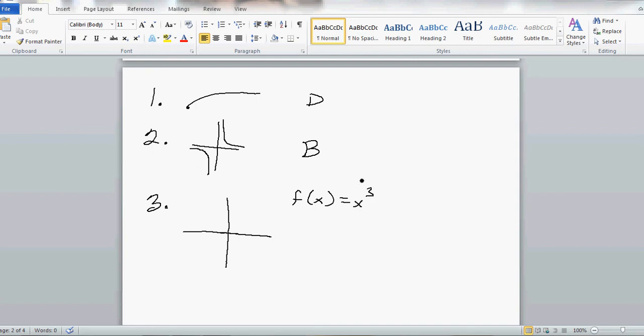There are 5 points you want to include: 0, 0; 1, 1; 2, 8; negative 1, negative 1; and negative 2, negative 8. Those are the 5 points you absolutely want to have at least in the beginning.